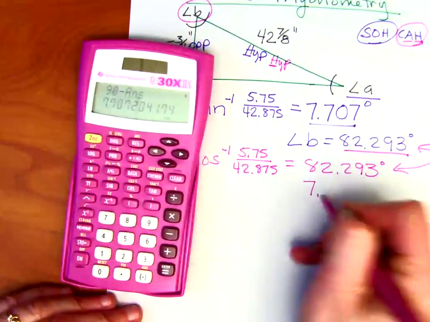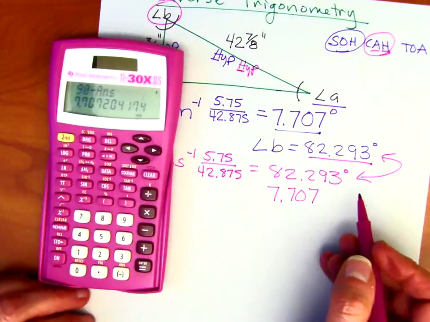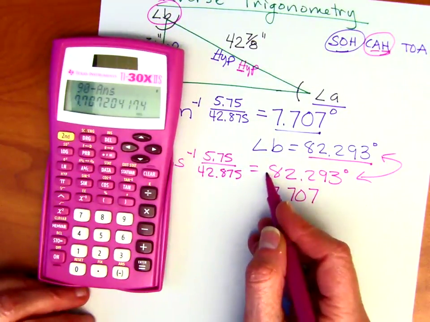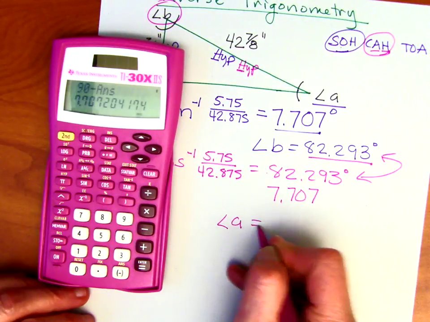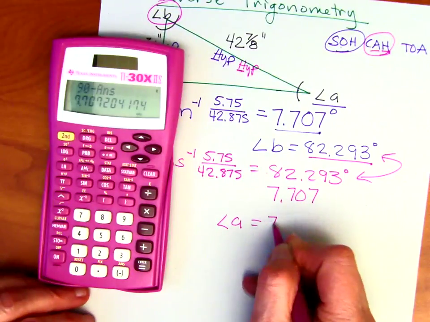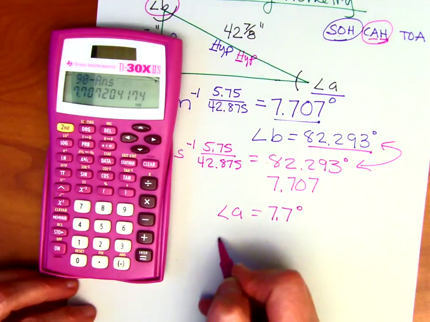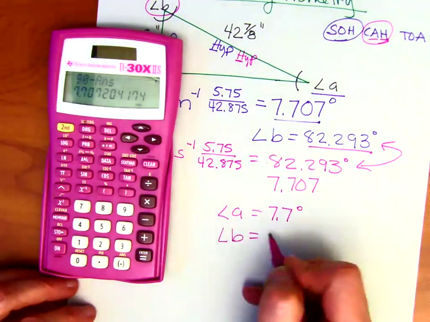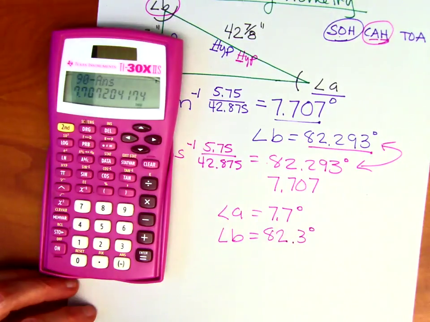Now, let's go ahead and round these two angles to the nearest tenth. We'll start with angle A. Angle A is going to be 7.7 degrees. Remember, we're not converting to 16ths. Angle B is going to be 82.3 degrees.